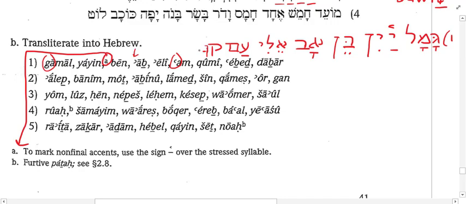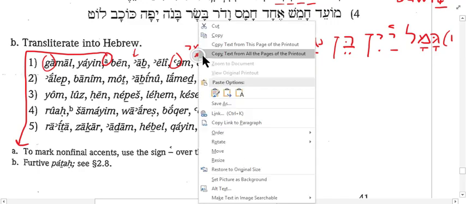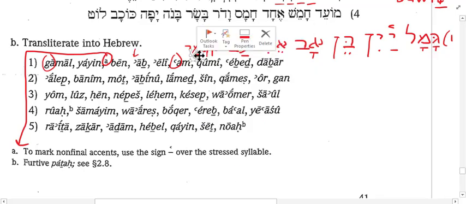Okay, and then a mem, and then a kirik yod. An I with the party hat is the historically long kirik yod. Alright, there you go. So kumi.